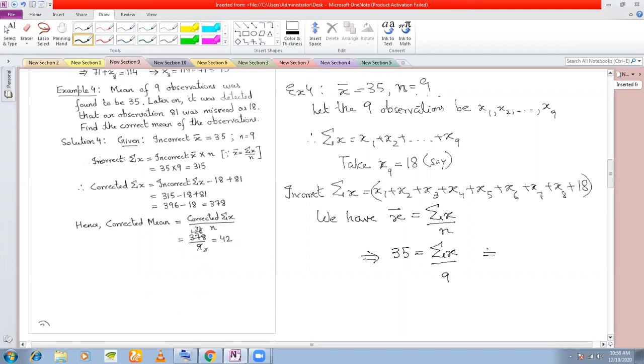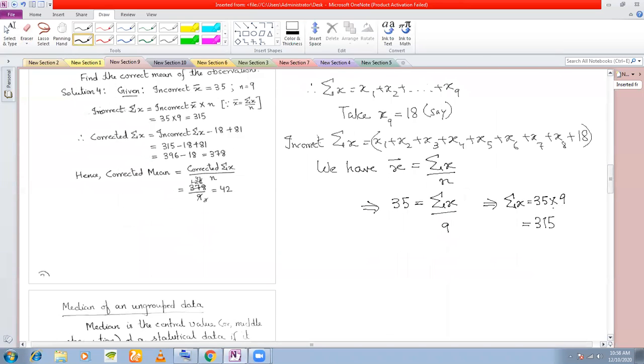So that means summation x is 35 into 9, which is 315. But this summation x includes this observation 18. So this must be the wrong summation x. Therefore incorrect summation x is equal to 315.